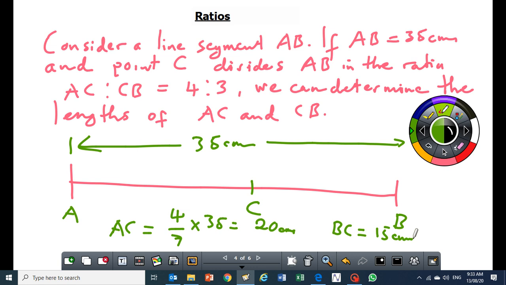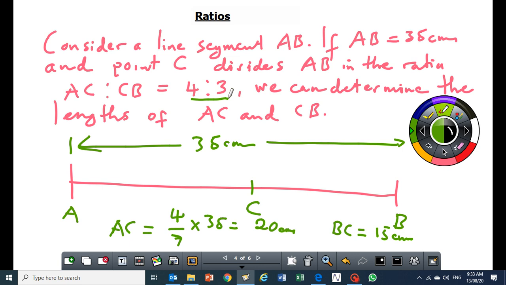Now I want you to know that we can also determine these lengths by using a constant together with the ratio. We can determine these two lengths by using the ratio that we are given together with a constant.